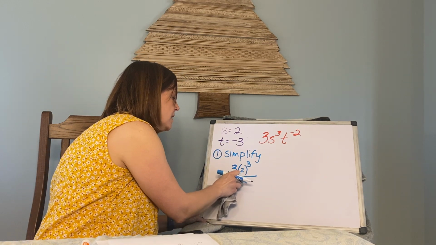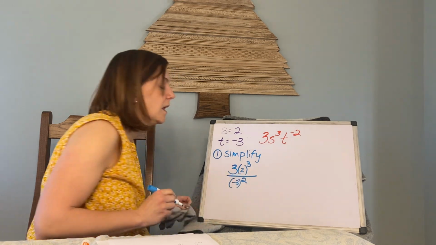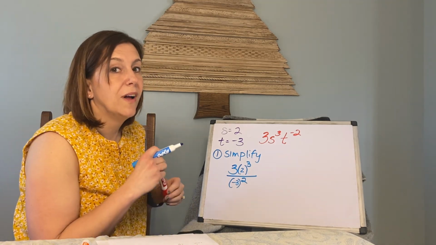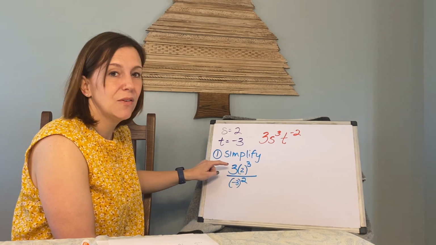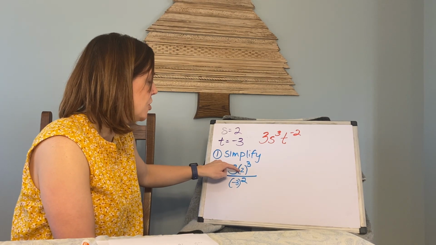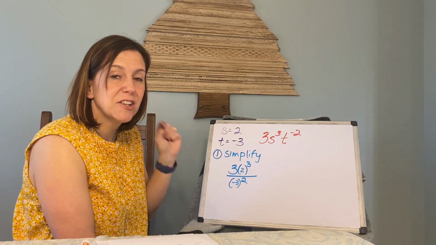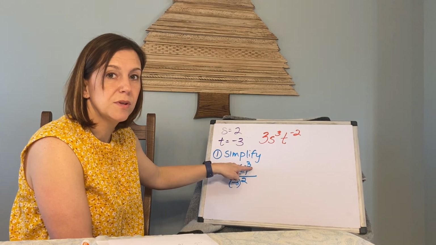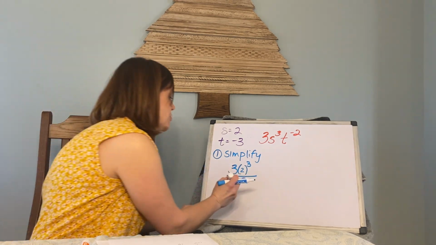So using parentheses, I'm going to plug in negative 3. Now, remember our order of operations. This is where I know a lot of students make mistakes. I'm not going to do 3 times 2 and then cube it. Remember, exponents come first. So I'm first going to say 2 cubed, which is 8, times 3 is 24.